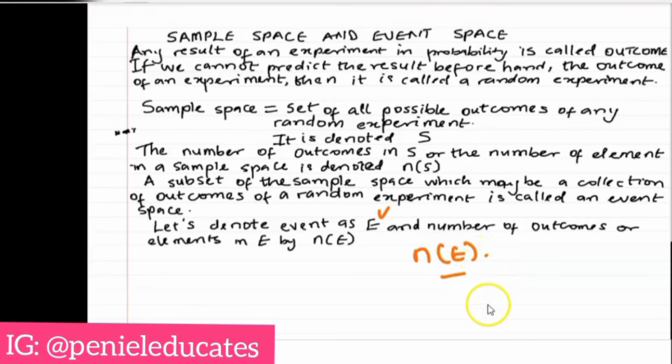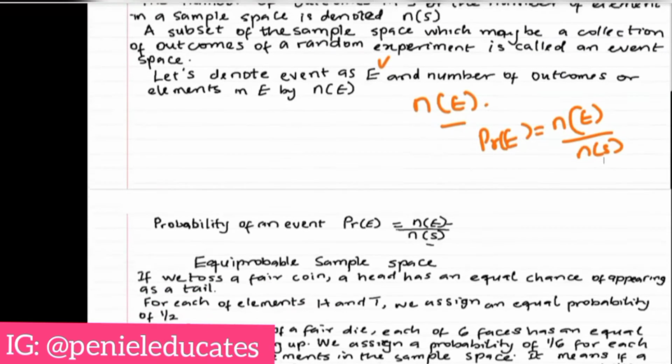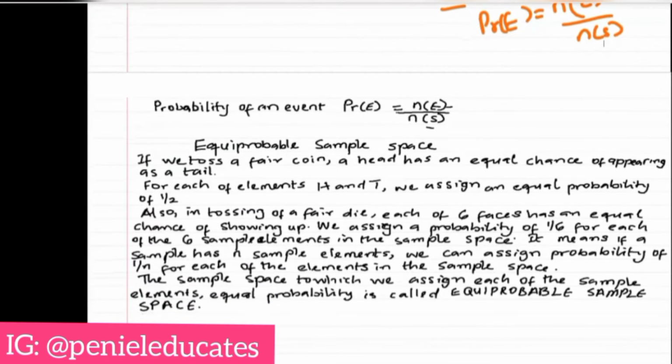So the probability of an event E happening is the number of elements in E over the sample space. Now, what do we mean by that?